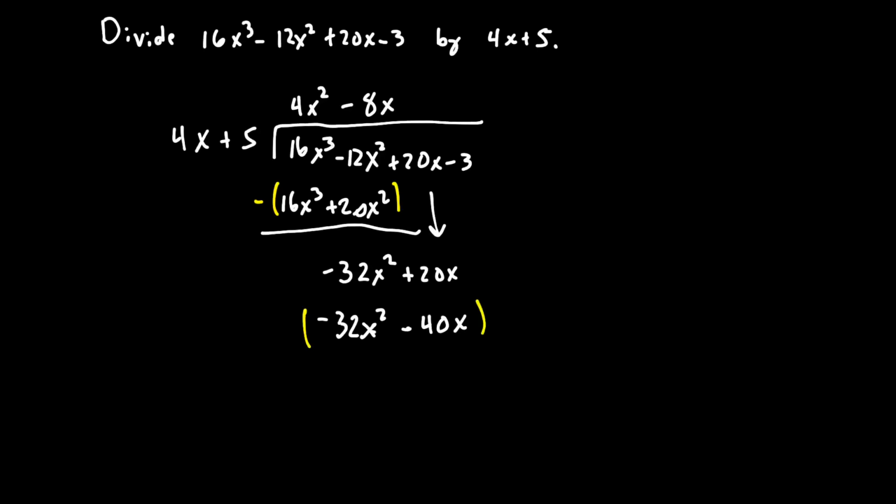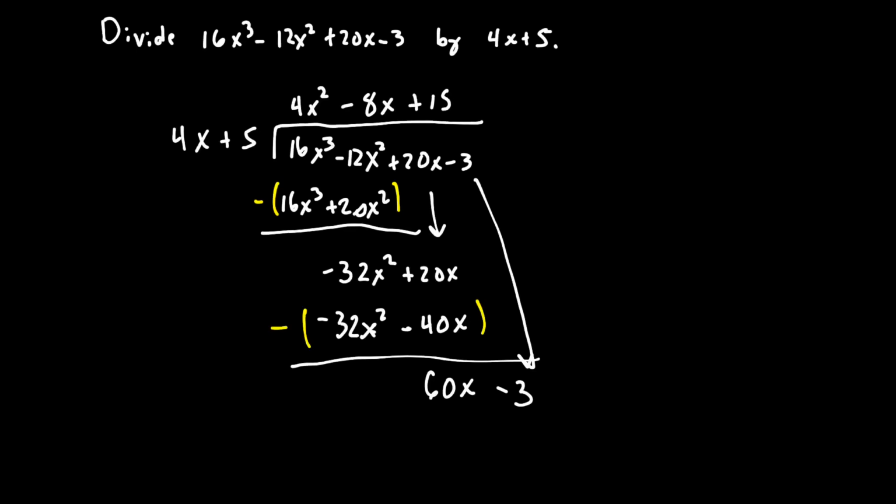Now, again, multiplying this and combining it with the term above it, our negative 32x squareds cancel out, and we're left with 60x. Go ahead and pull this negative 3 down. And to get 60x, we're going to multiply 4x plus 5 by 15. This gives us 60x plus 75.